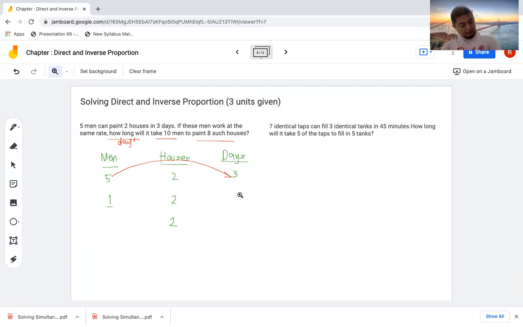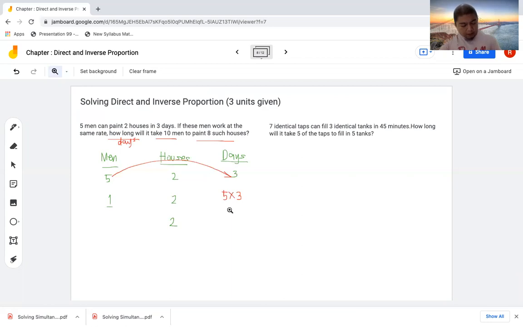So 1 man can finish it 5 times more for 3 days. So technically it's 15 days, but we're not going to solve anything here because we are not looking for 1. We're looking for 10 men.